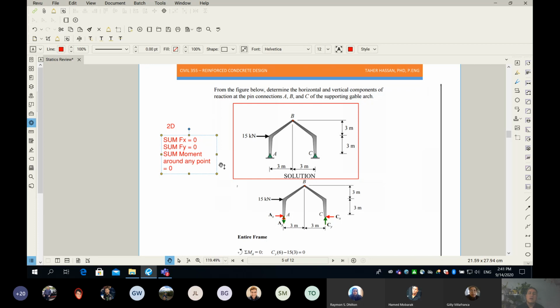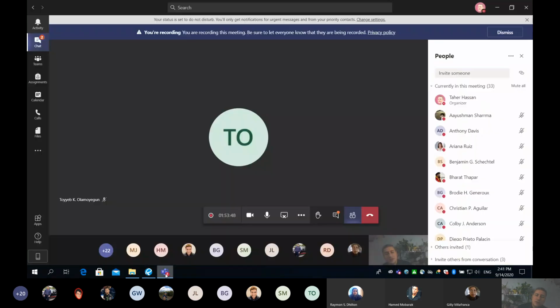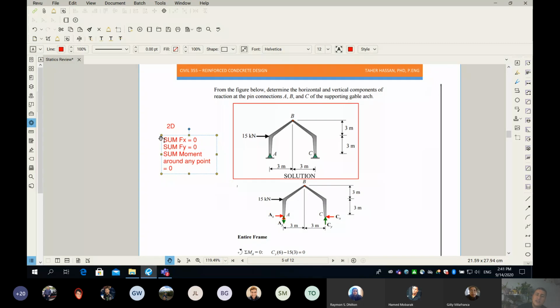Now, here is a very tough question, and this will be for 3 marks. Are you guys ready? So I said here, if you analyze in 2D, just like this frame, we will have equilibrium in X, so the summation of Fx is equal to 0, and the summation of the forces in the y direction is equal to 0.